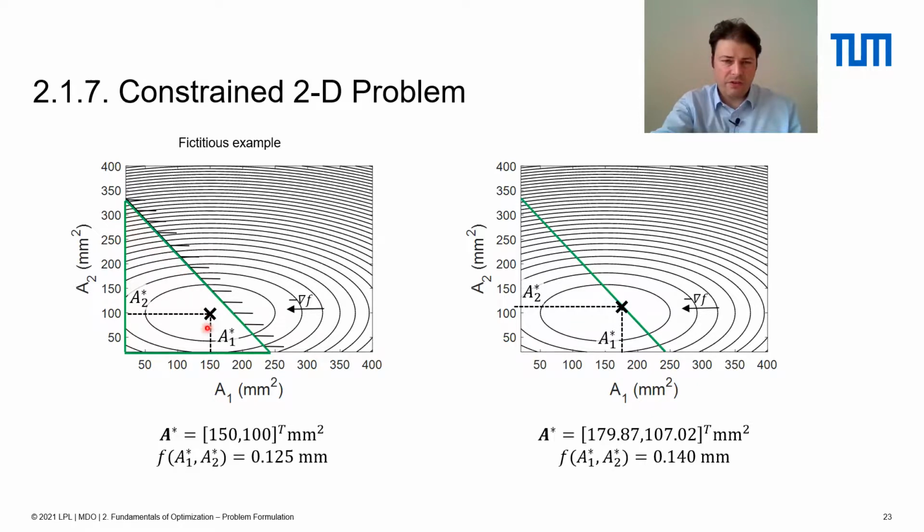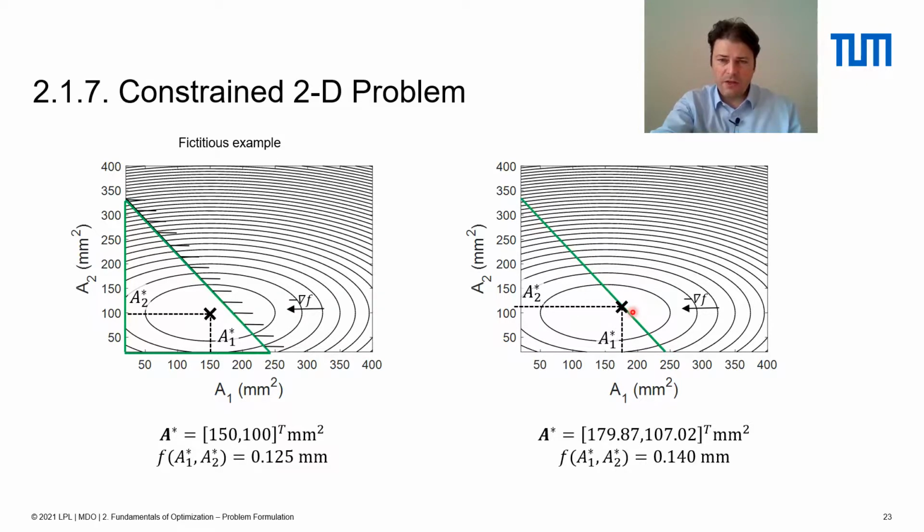And if this smallest value of the objective function is located inside the feasible region and not at the boundary, then the optimum would be different for a formulation with inequality constraints than from a formulation with equality constraints.